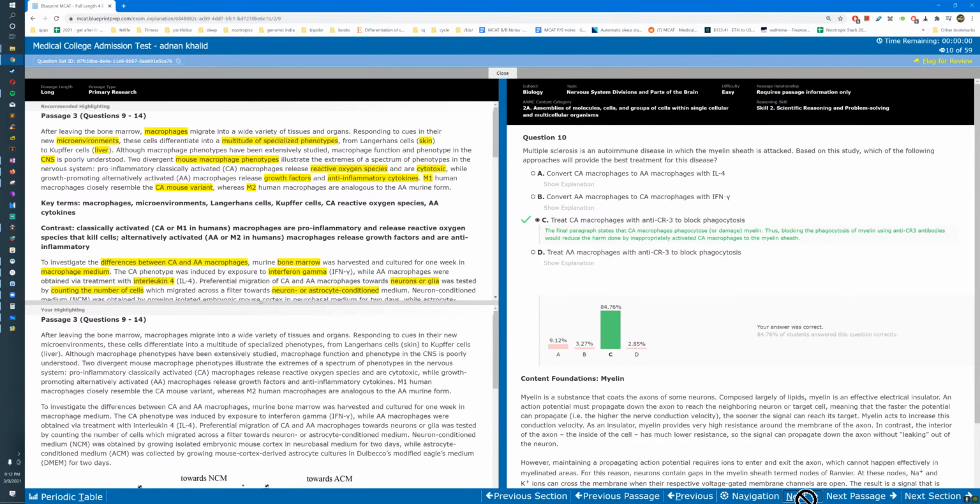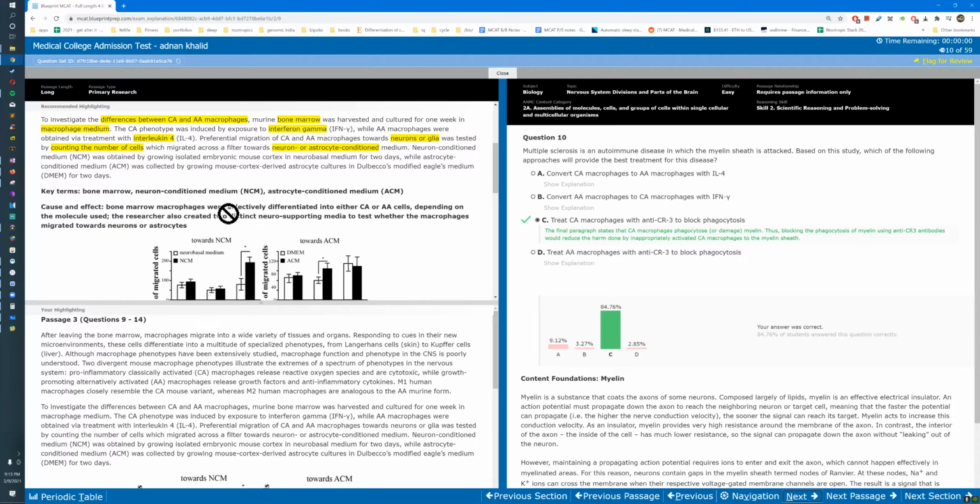This one, they're talking about... Okay, so MS is when your immune system breaks apart the myelin sheath. So what's the best treatment for that? You know, I didn't really want to read everything here. I know that they're making a distinction between CA and AA macrophages.